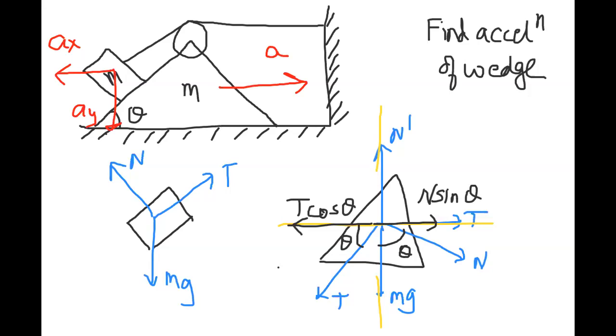So for this, the equation that I'll write down will be T into (1 minus cos theta) plus N sine theta is equal to MA. Right? Correct? सबको समझ में आया ना?